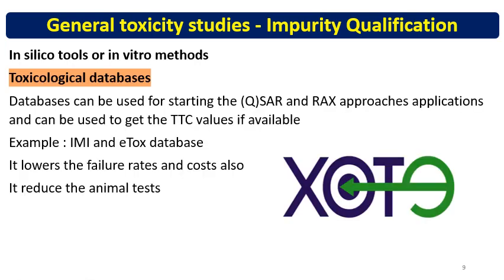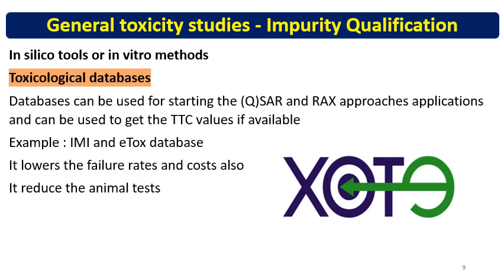See, these databases have information on the impurities, their structure, and the impurity toxic nature. So these databases can be used as a starting point for QSAR or RAX approaches, and they can also provide very good information on the TTC values if available.